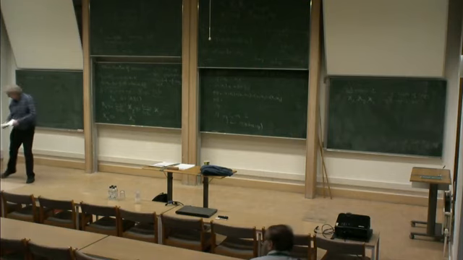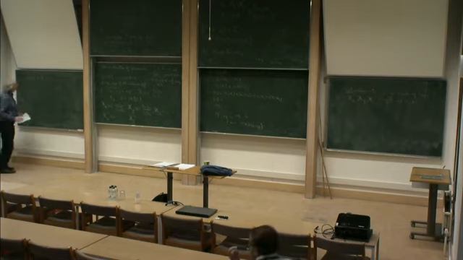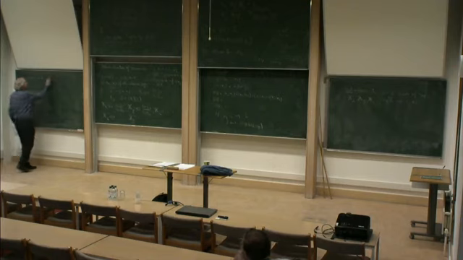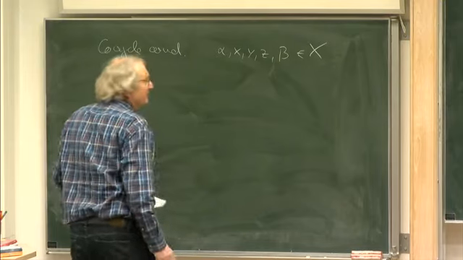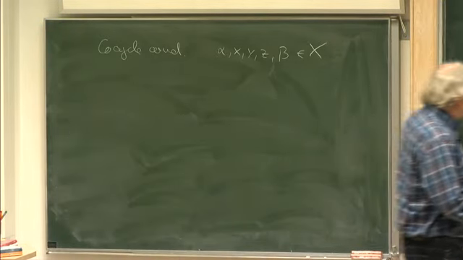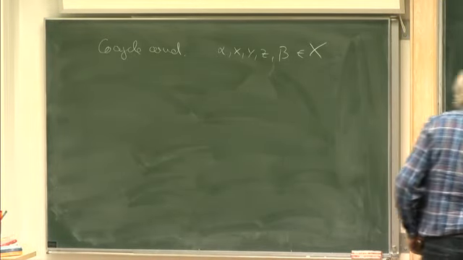So I can write down the co-cycle condition, and that is a condition if you have 5 points. So you have, let's say, alpha, x, y, z, beta. Now you have 5 points. Then I can describe it with the cross ratio.